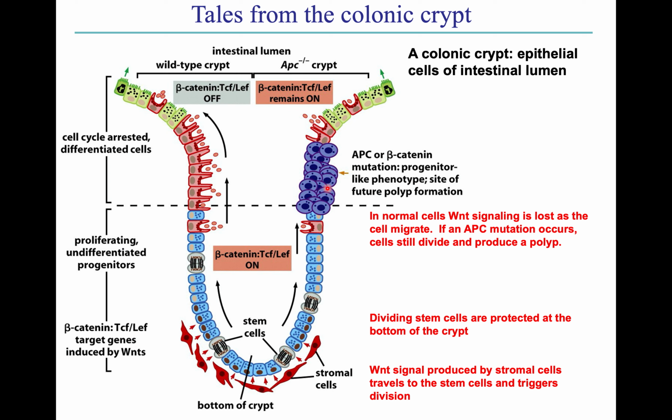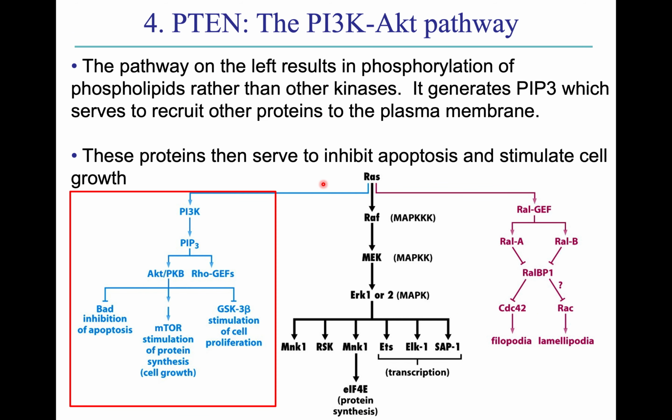And those polyps by themselves are not enough to be cancerous, but as we discussed in the genetics chapter, it's very likely one of these cells in the polyp is going to pick up a second APC mutation, and then that very likely is going to be enough to cause a true cancerous state.